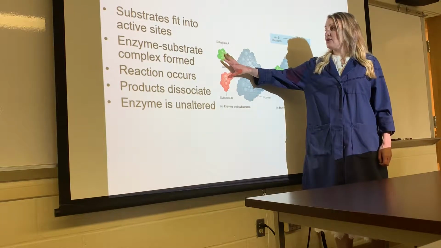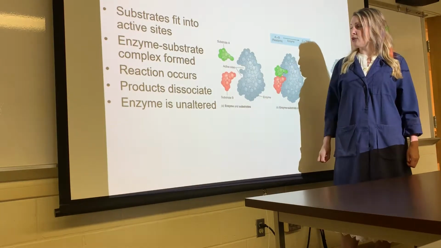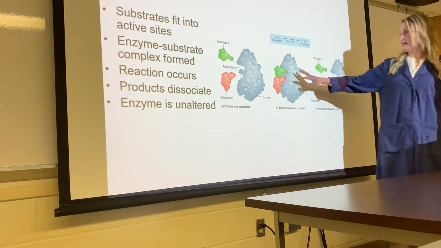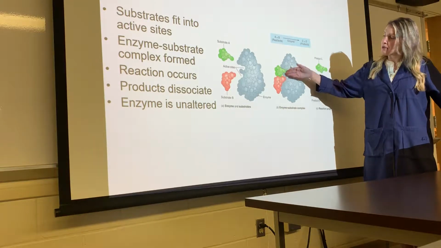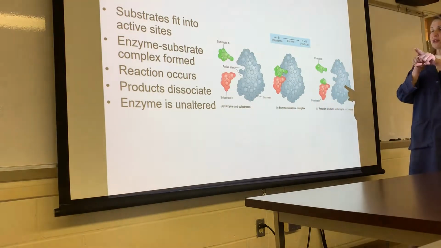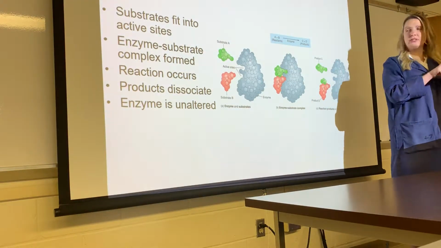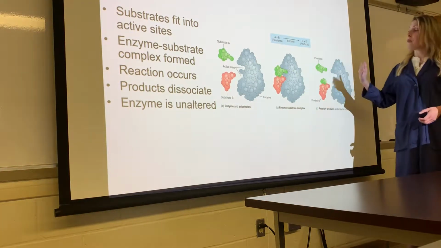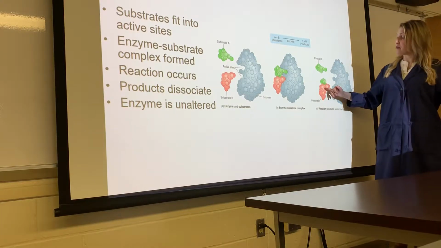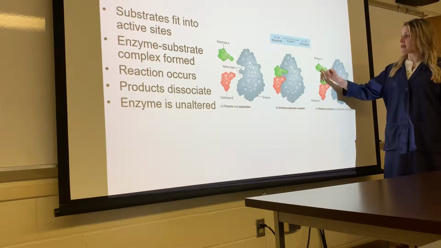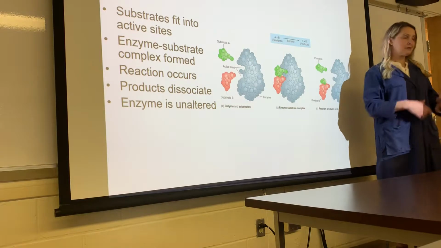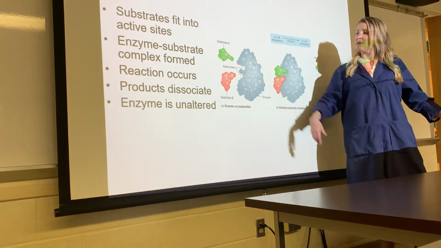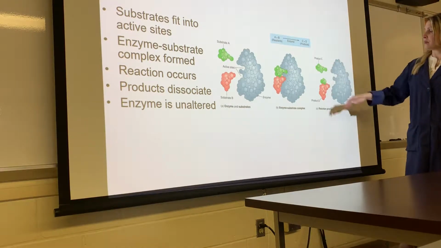So what's happening here is our substrates are binding to their respective active sites, and when they bind, that sets up the situation so that the two are very close together. They're very close together, and so they can form bonds, they can interact, and what will happen is they end up making product D and product C, which are completely different than what we started out with. Substrate A and substrate B become product C and product D.